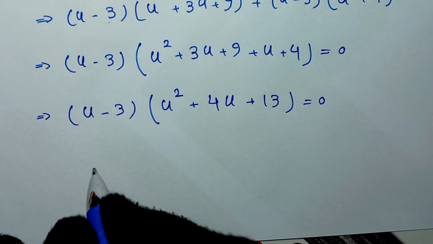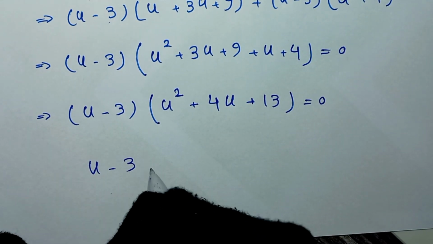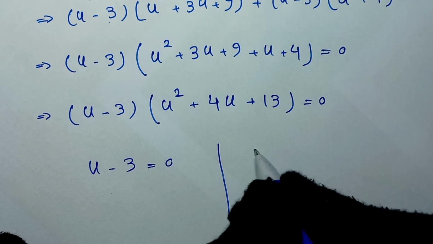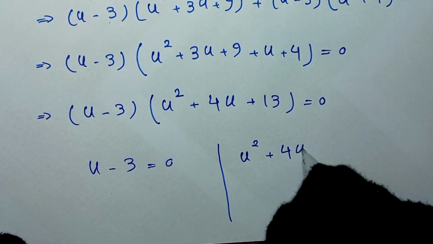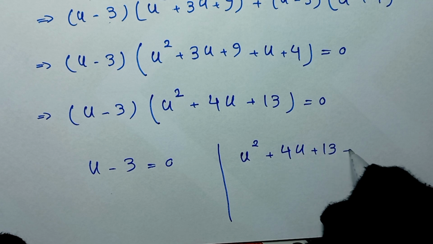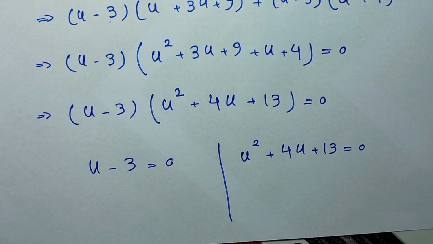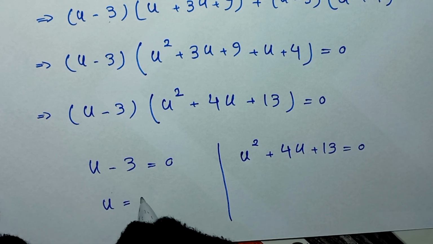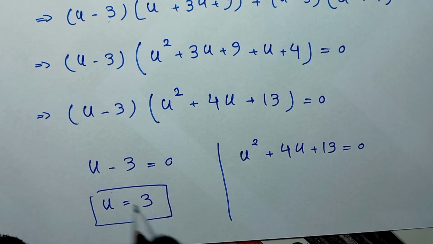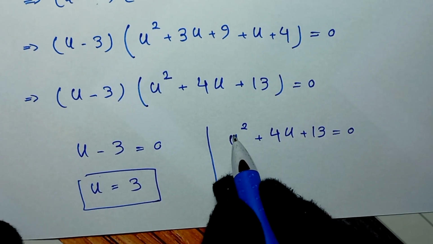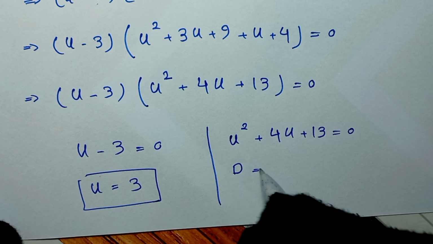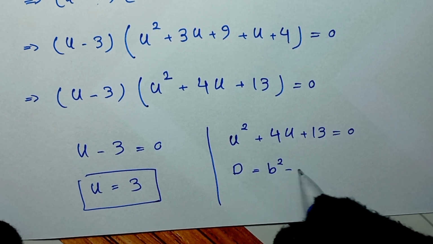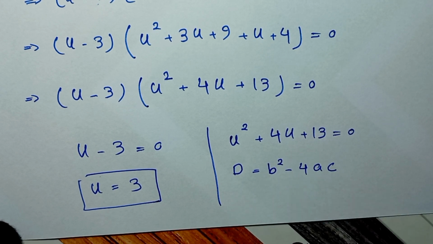And here u minus 3 is equal to 0, and u square plus 4u plus 13 is equal to 0. So from here, u is equal to 3. And here we have a quadratic equation, and we write the discriminant formula. It will be b square minus 4ac.